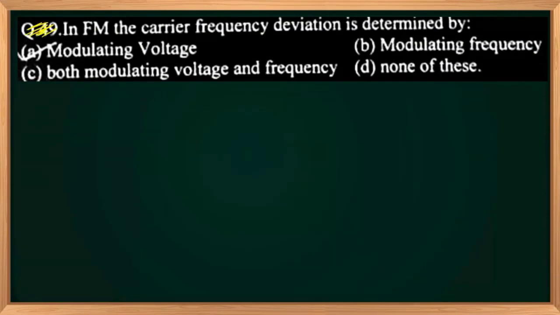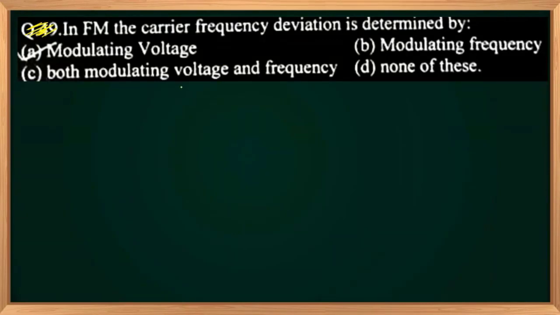First question. In FM, the carrier frequency deviation is determined by: option A, modulating voltage; option B, modulating frequency; or both modulating voltage and modulating frequency.